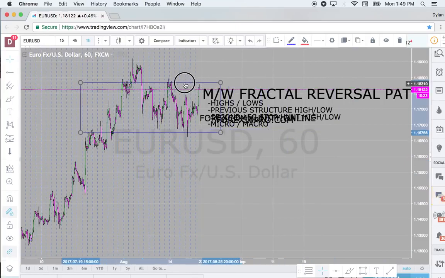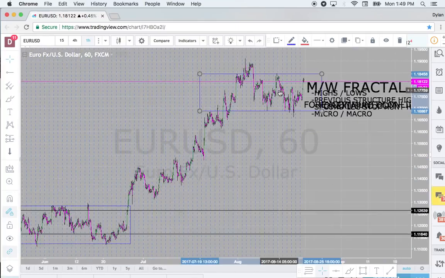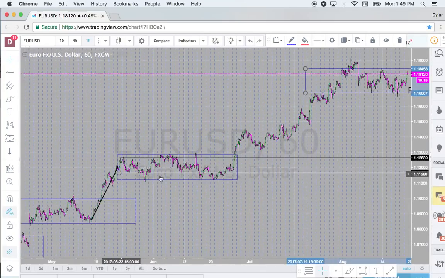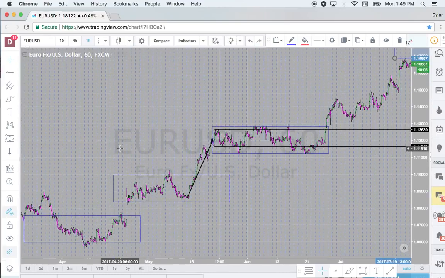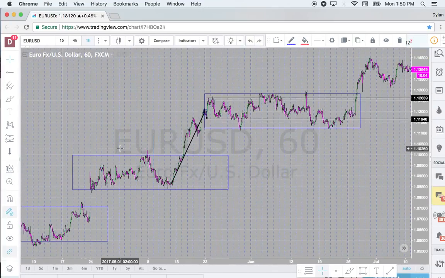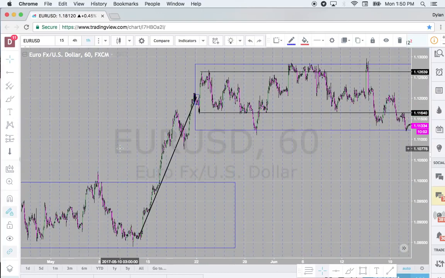And up here as well. So we can see the market will consolidate and then move into its next zone before consolidating once more and then moving into another zone. If you want to learn more about that, we have a video on zone hopping. Feel free to check that out.